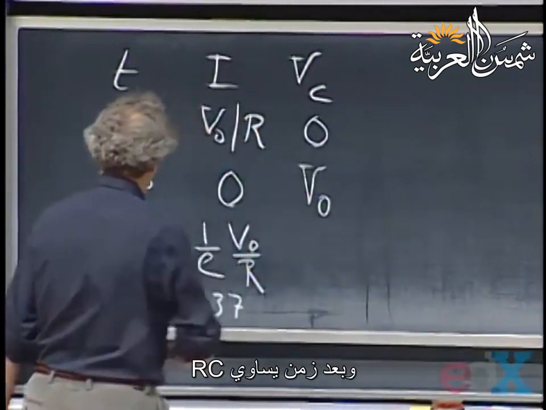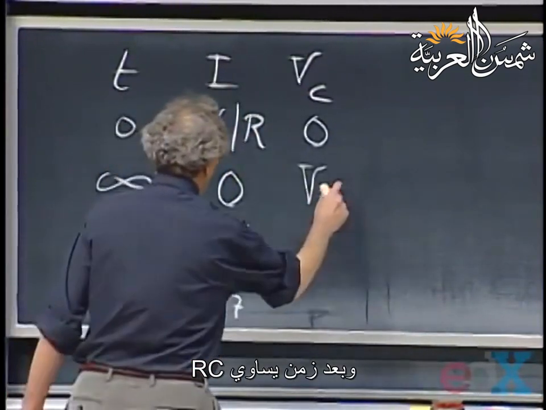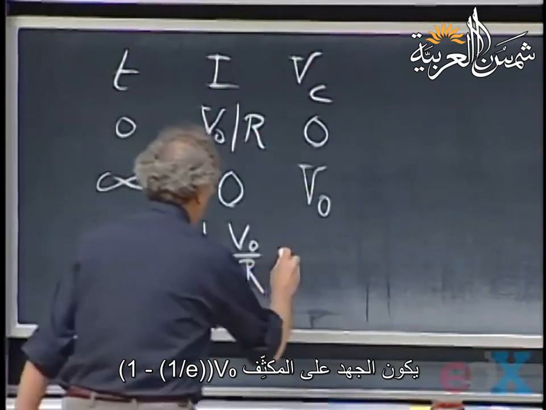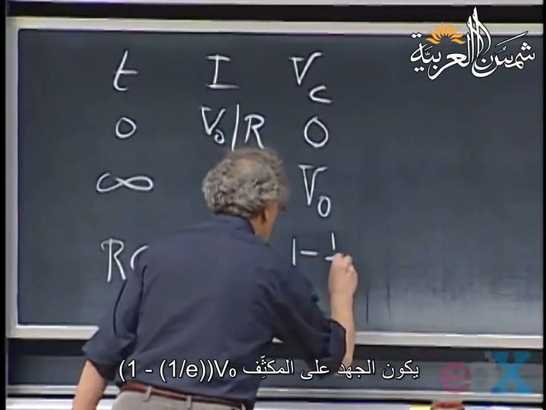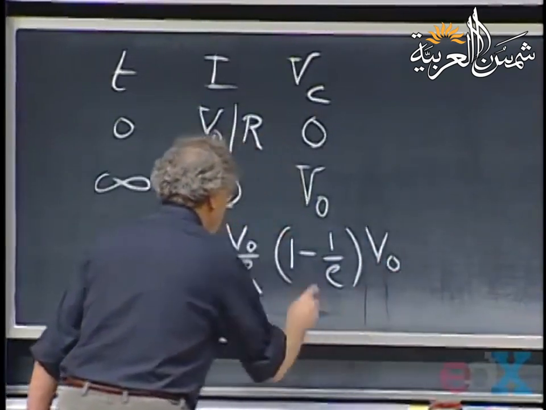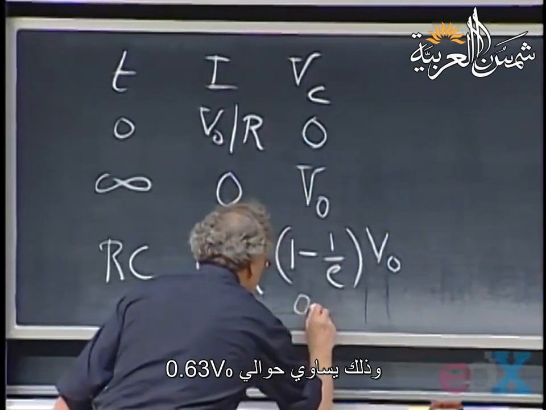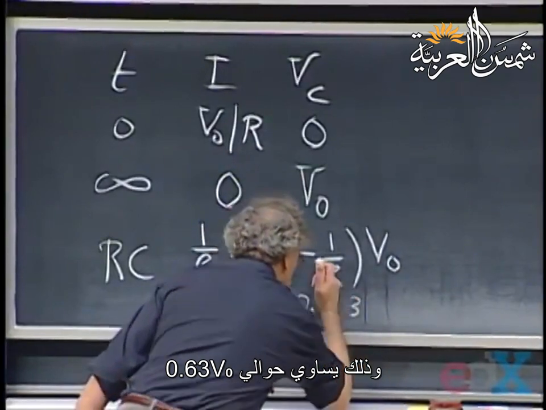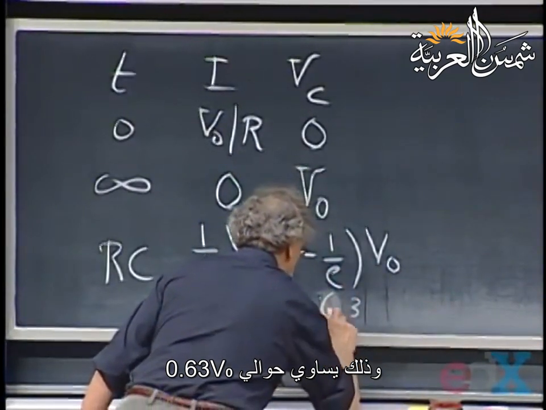And after a time RC, the potential over the capacitor is 1 minus 1 over e times V0, and that is about 0.63, 63%.